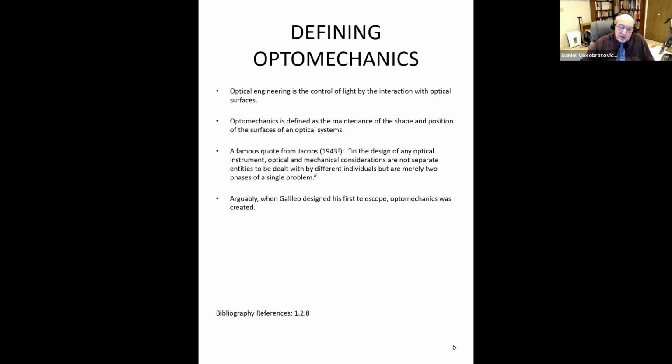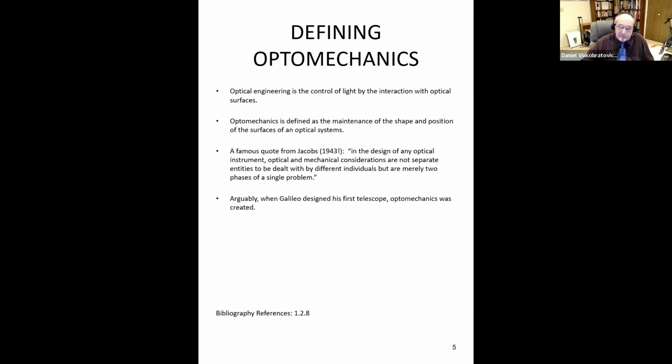And what he said starting out was, in the design of any optical instrument, optical and mechanical considerations are not separate entities to be dealt with by different individuals, but are merely two phases of a single problem. This is exactly correct. Mechanics and optics have to be integrated. Arguably, when Galileo designed his first telescope, optomechanics was created. Believe it or not, I go back a long way, but I did not help Galileo. I want to make that very clear.